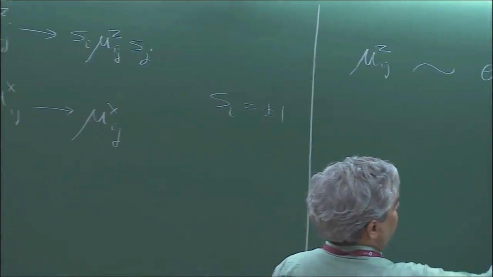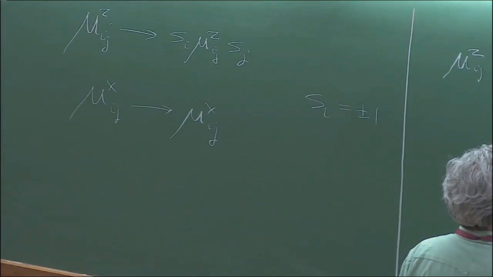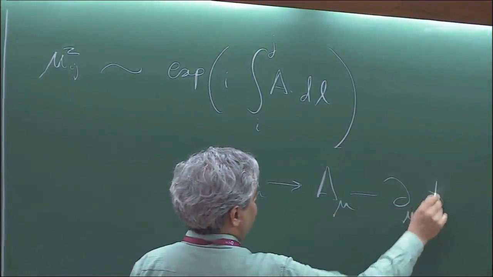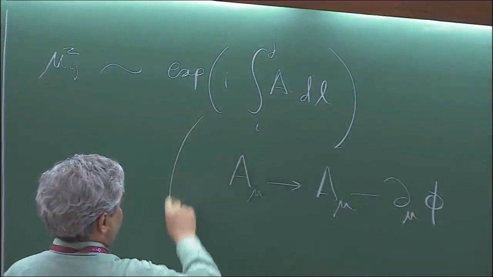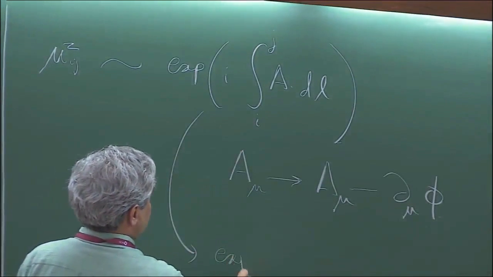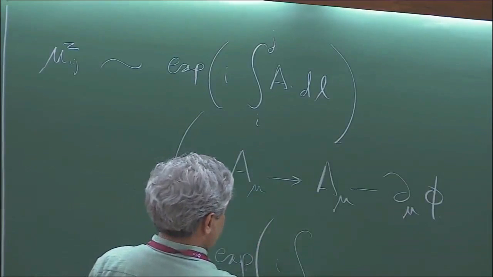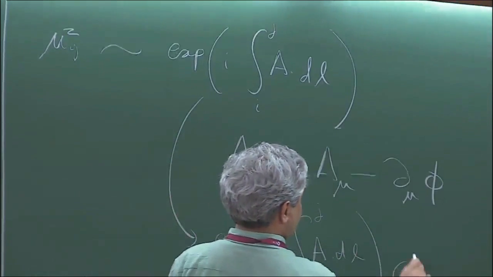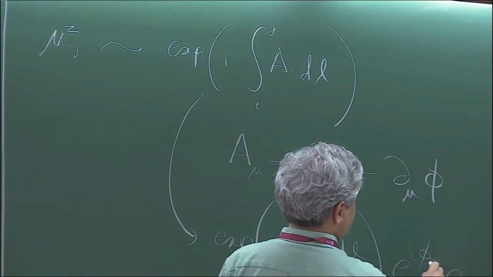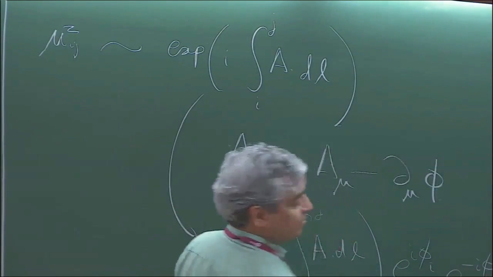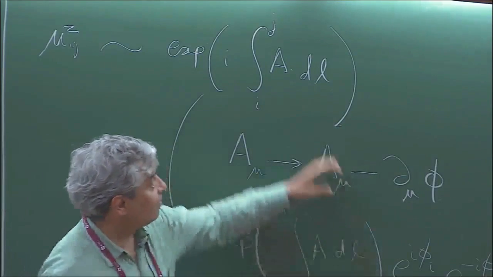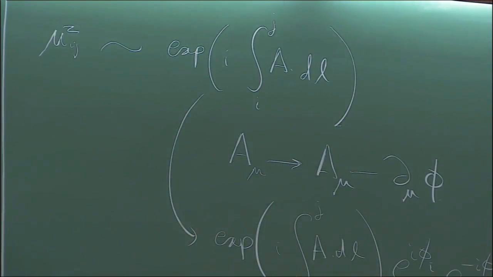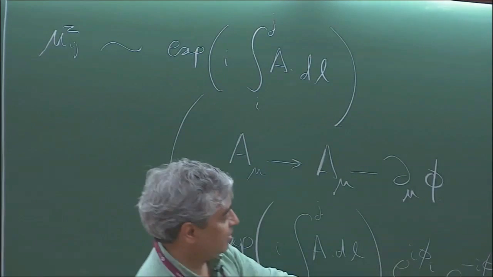We learn that under gauge transformation, A mu goes to A mu minus D mu phi. If you put that in here, it goes to exponential i integral from i to j of A dot dl times e to the i phi i and e to the minus i phi j. That's the gauge transformation of the Aharonov-Bohm phase factor. So now you can see that Si is e to the i phi i.